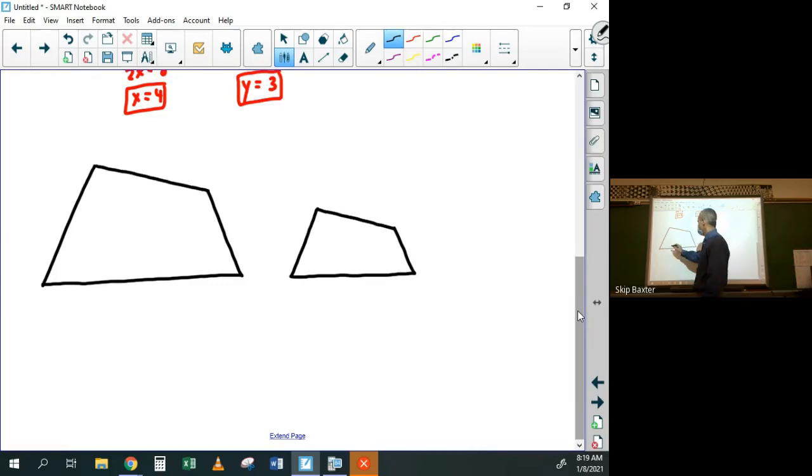And let's say I told you which sides go together by indicating it with angle markings. And I told you directly that these are similar quadrilaterals.